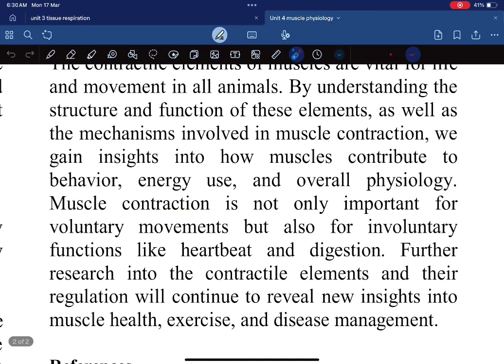Muscle contraction is not only important for voluntary movement but also for involuntary functions like heartbeat and digestion. Further research into contractile elements and their regulation will continue to reveal new insights into muscle health, exercise, and disease management.